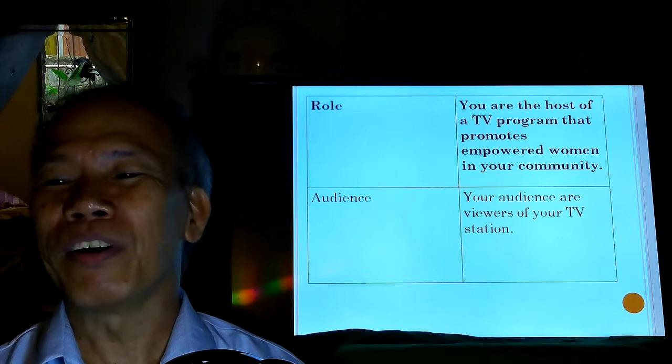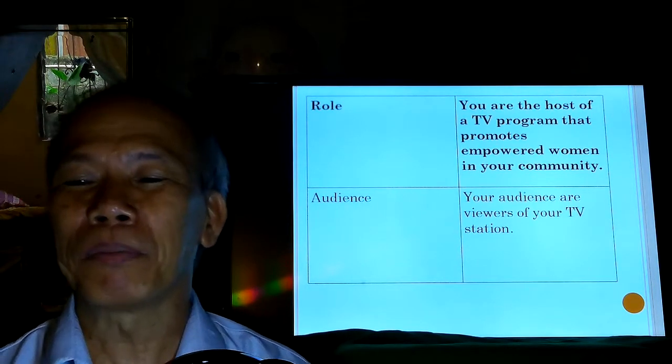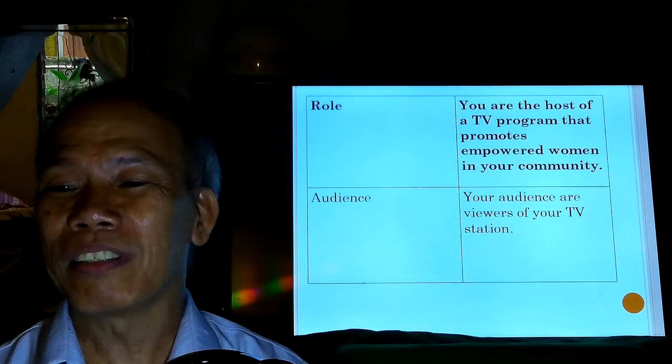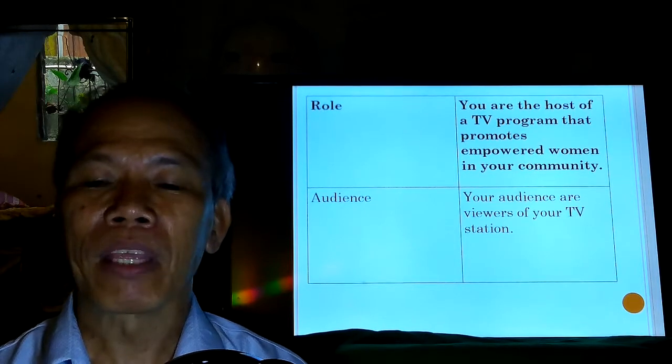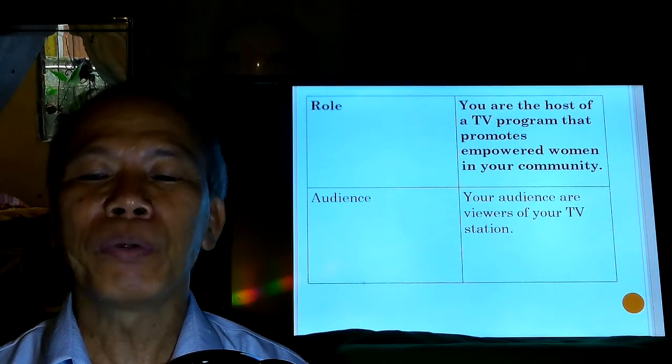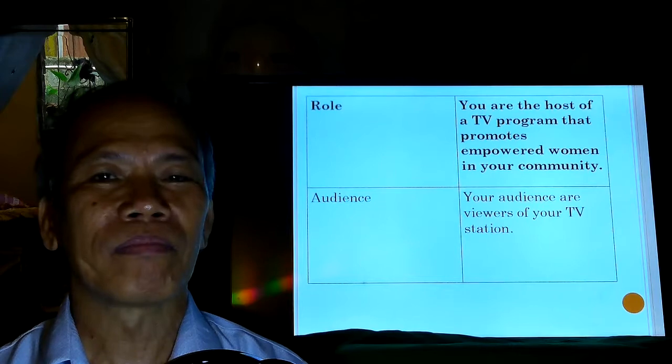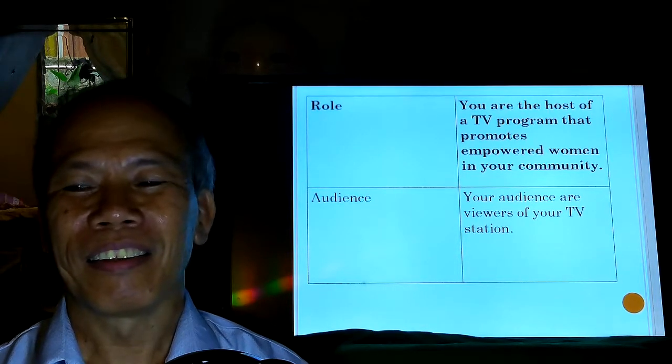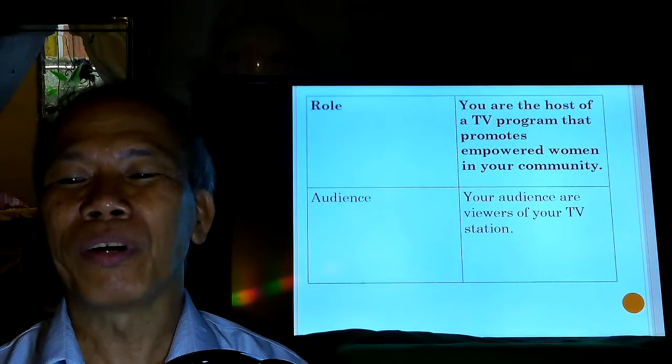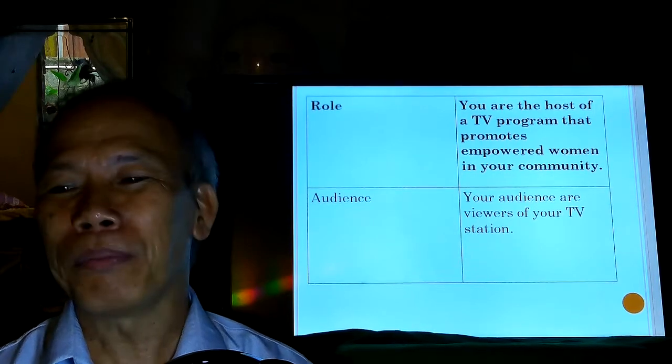The role, you are the host of a TV program that promotes empowered women in your community. The audience, your audience are viewers of your TV station. Okay? As a broadcaster, you are meant to do many things.